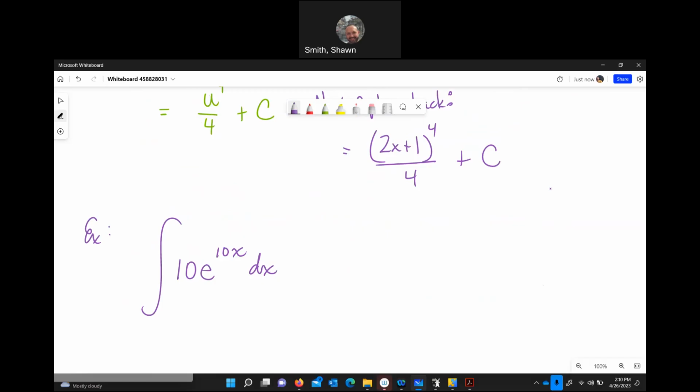Let u equal 10x, sorry. Then find du over dx, and solve it for just du. Make your substitutions. You'll have something in the form of e to the u du. Take the antiderivative. Tack on c.